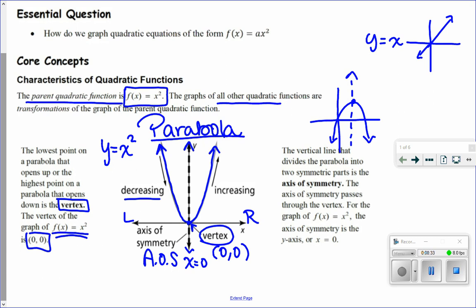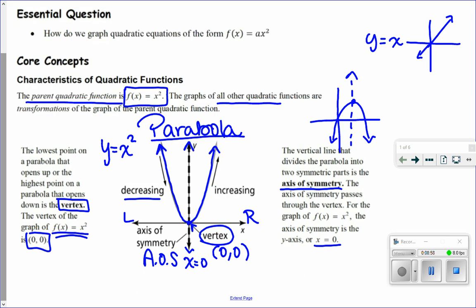Okay, so later on, when our parabola moves around, the vertex will always be on that axis of symmetry. But for the parent function, that axis of symmetry is at the y-axis where x is equal to 0. Okay? And a lot of times I'll abbreviate that as AOS for axis of symmetry, so just know that when you see that on the paper, that's what that means.